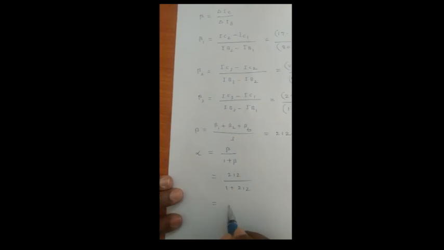If you calculate, it becomes 0.99. In this way, we can calculate the value of alpha. Now the average value of beta is 212 and the value of alpha is 0.99. Okay, thank you.